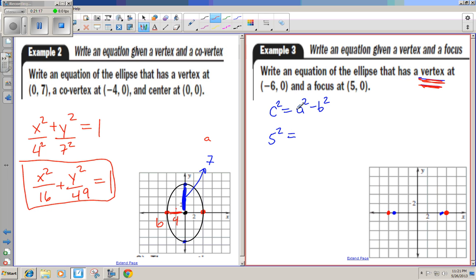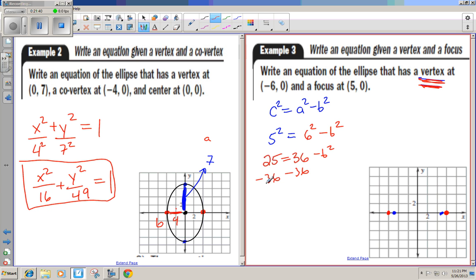A for this one is 6, and then minus b squared, which we do not know. That's 25 equals 36 minus b squared. Let's subtract 36 from both sides.